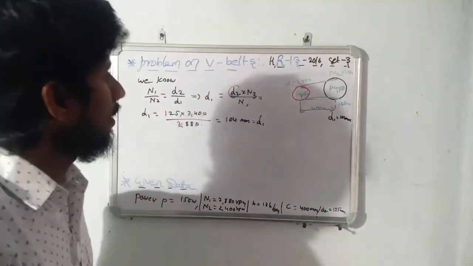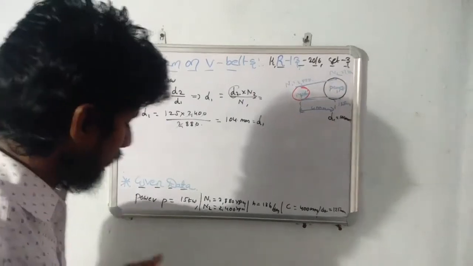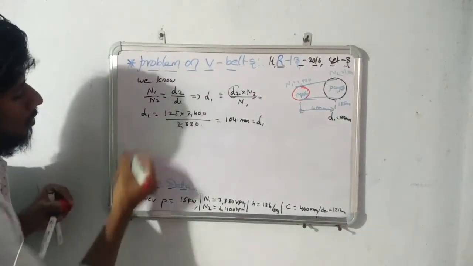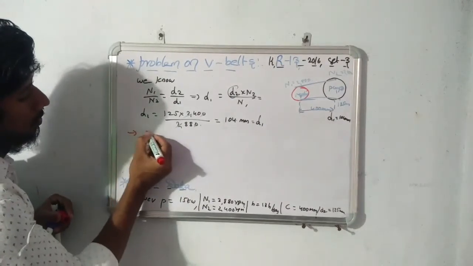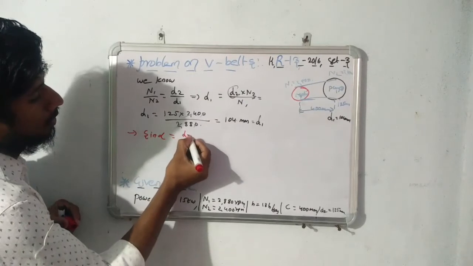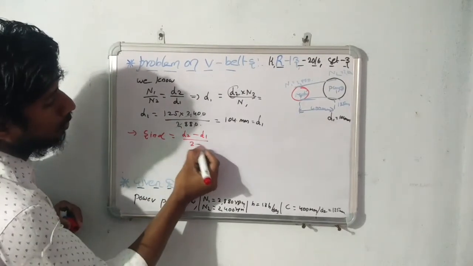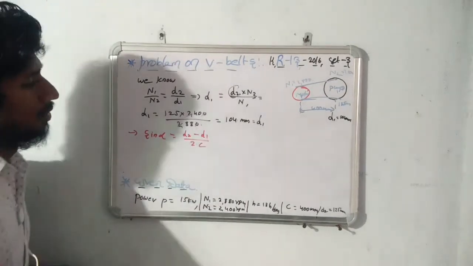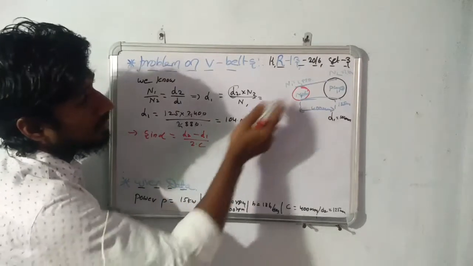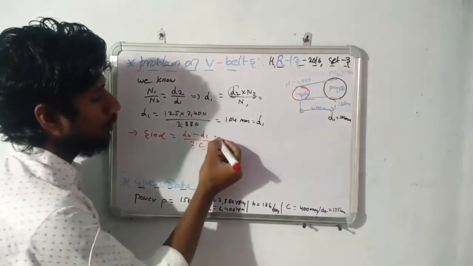How are we going to find the alpha value here? We know sin alpha equals D2 minus D1 whole divided by 2 into C. Here D2 is the diameter of the pump pulley and D1 is the diameter of the motor pulley. C is the center distance between the two pulleys.